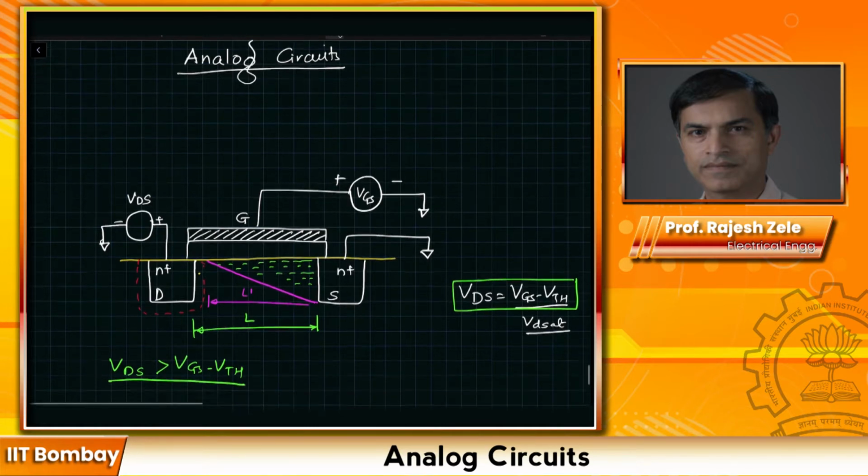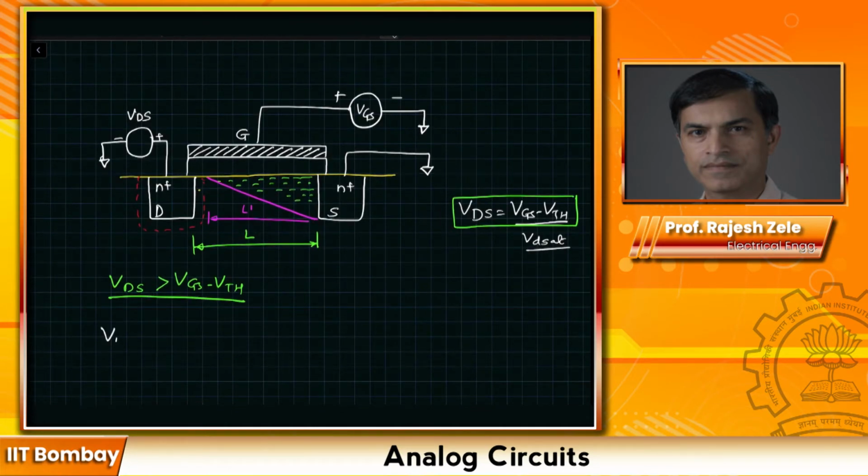Now the key point here is, as VDS keeps increasing beyond VGS minus VTH, L prime will keep reducing. L prime will start moving in that direction slightly. It's pretty close to the channel length L, but it will start reducing somewhat. So we define delta L is equal to L, the design channel length, minus L prime.